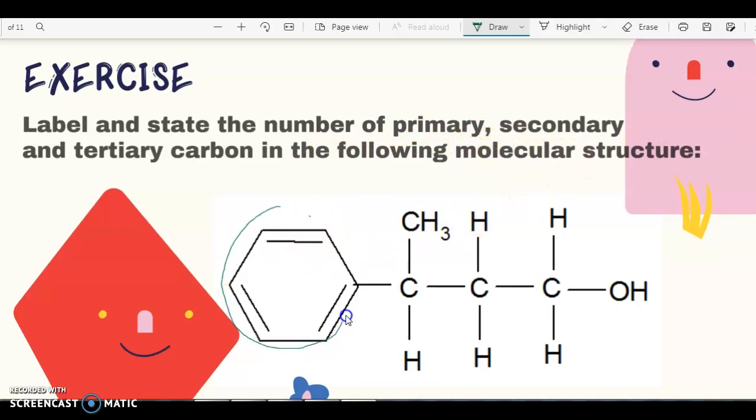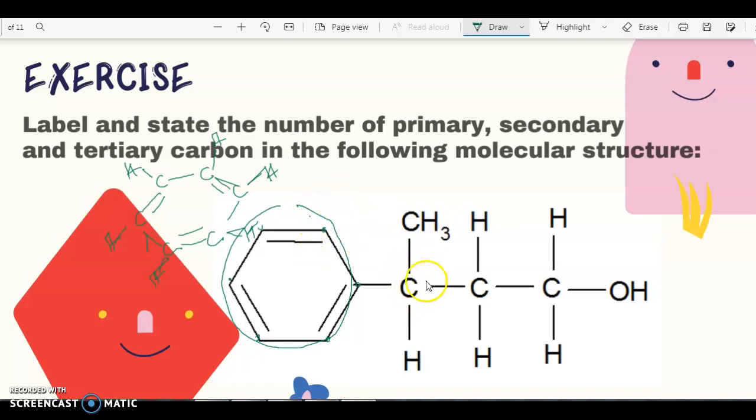Okay, so in this ring, if you expand it, each of the carbons has 2 single bonds and also 1 double bond. Since in skeletal form it does not show the hydrogens, when there is a double bond, we cannot classify it. So there are actually 6 hydrogens and 6 carbons in this. So we cannot classify these carbons because they have double bonds. So all 6 carbons in this ring cannot be classified.